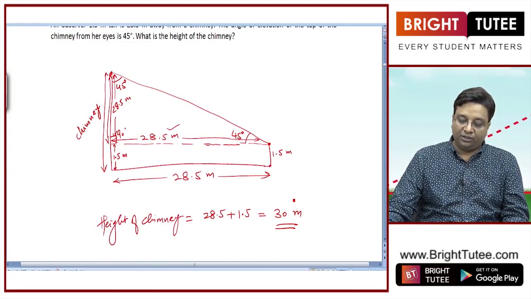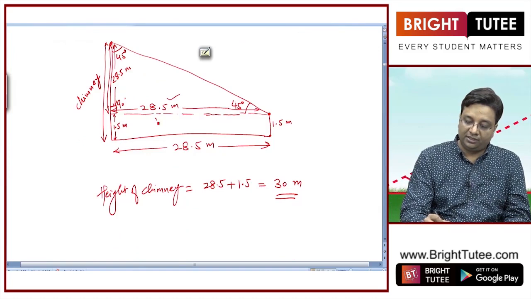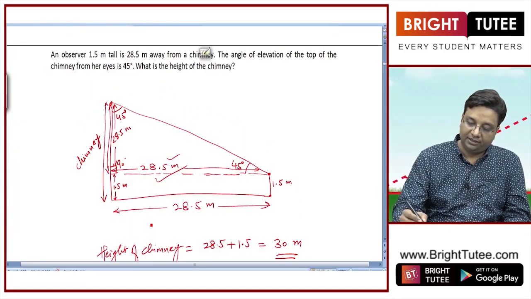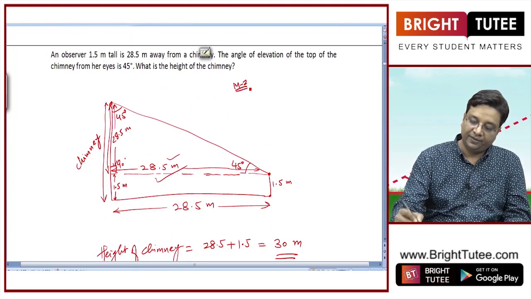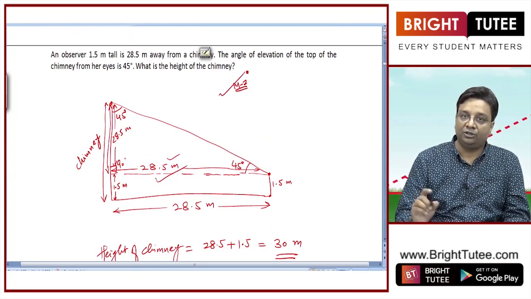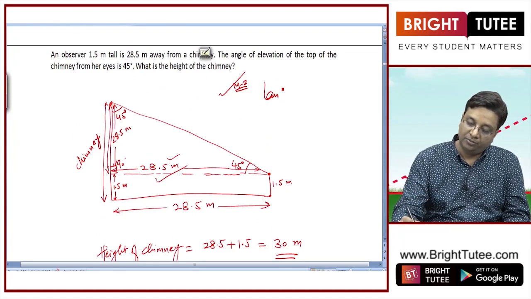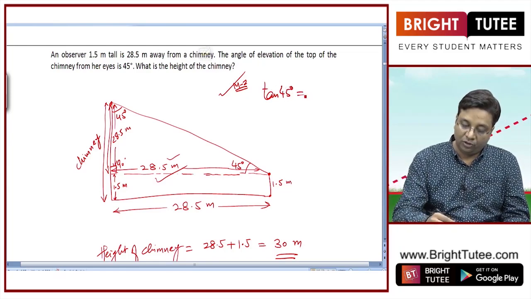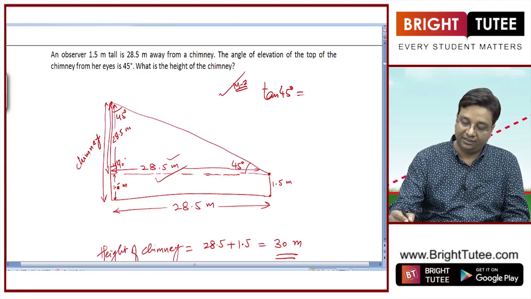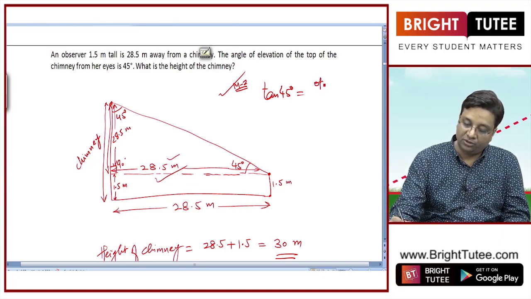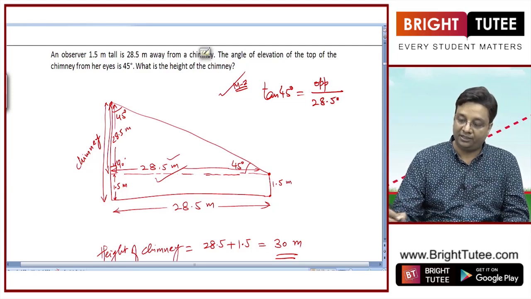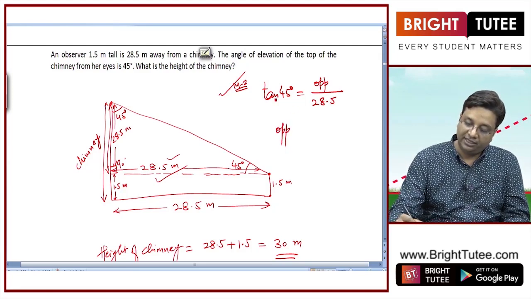Otherwise what you can do is, you know this length 28.5, you apply, this is method 2, right? And this is the method that you are going to prefer. So you apply tan 45 degrees. What is tan 45? Opposite by adjacent. Opposite side is unknown and adjacent side was given, 28.5 meter. So what is opposite? Tan 45 is 1.